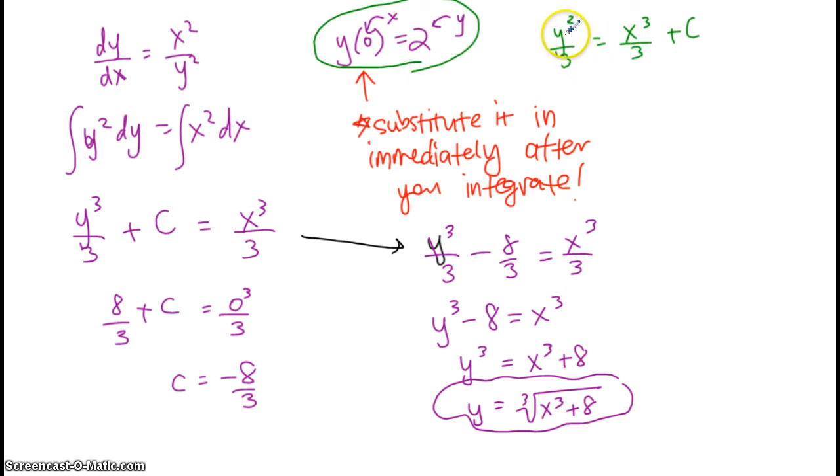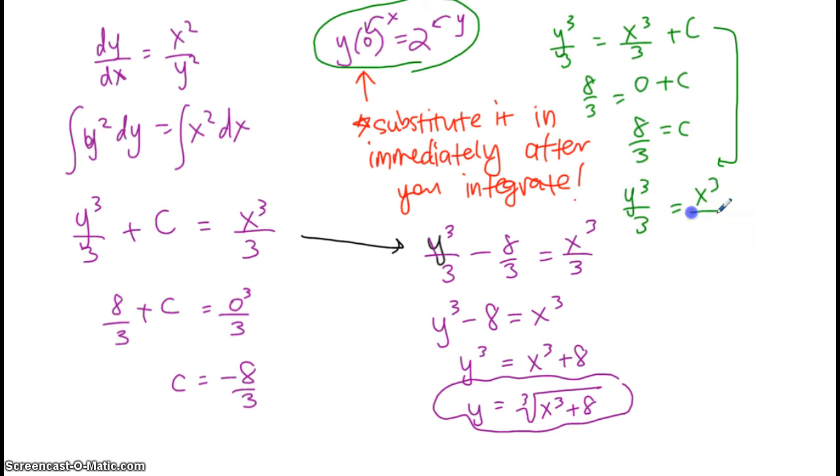So when x is 0, y is 2, this is going to become 2 cubed, so it's 8/3 is equal to 0 plus c. c is now equal to 8/3, positive 8/3, but I'm now plugging it into this equation. So then I'll get y cubed over 3 is equal to x cubed over 3 plus the 8/3, which is essentially the same thing.